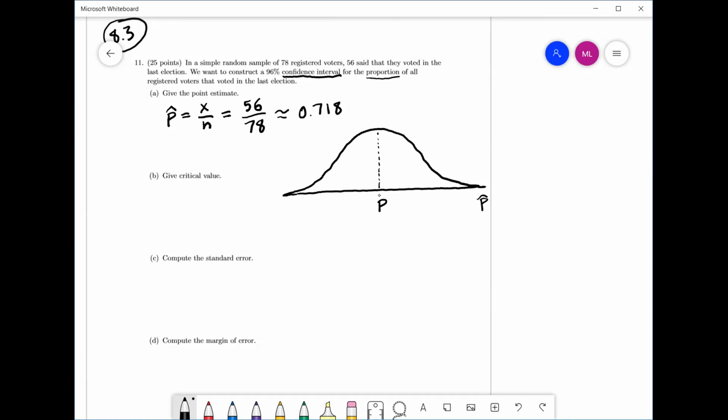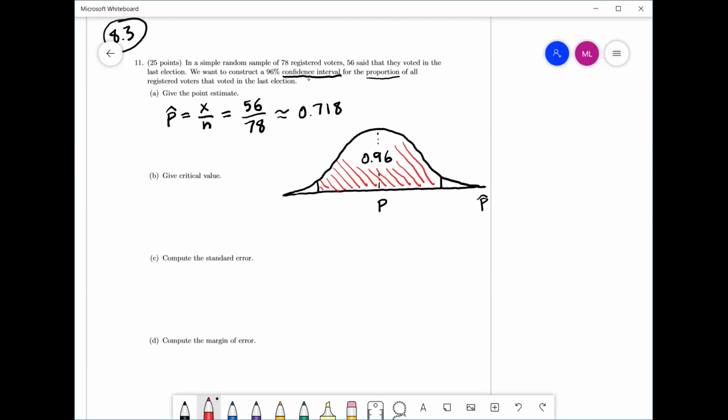We aren't totally sure what that value is, but I'm 96% sure that our result fell somewhere between here and here, where the area that's inside of here is now 0.96. Basically I'm saying 96% of the area is inside here.